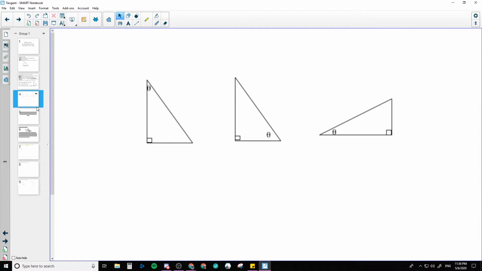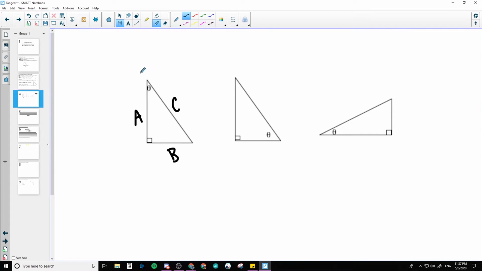So let's practice labeling triangles. If we were to label this triangle here, I'm going to always put C for the hypotenuse, which means I can assign A to this one and B to this one if that's what I want.